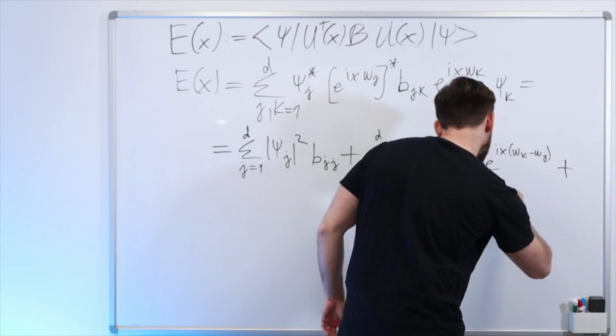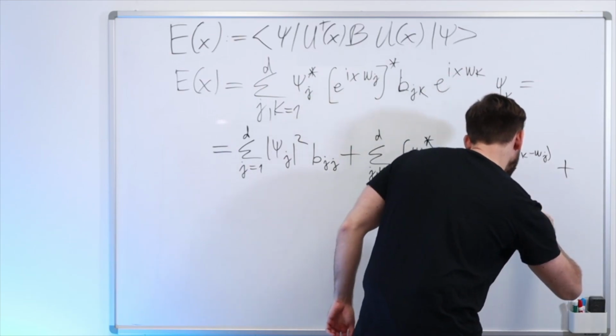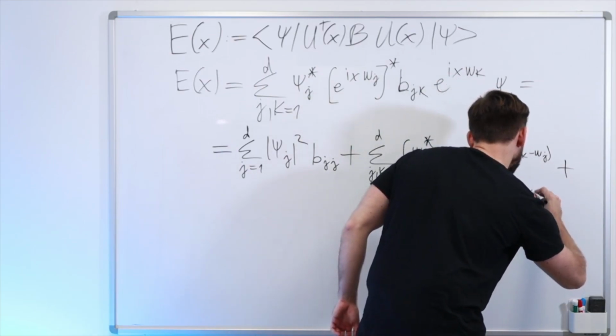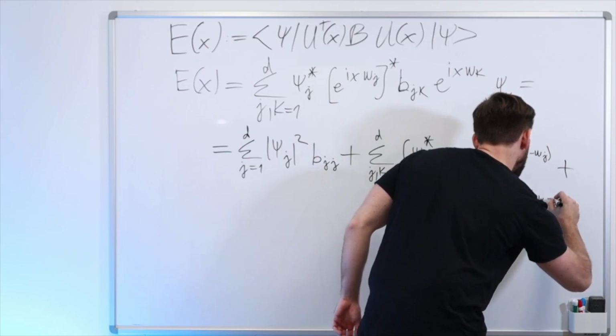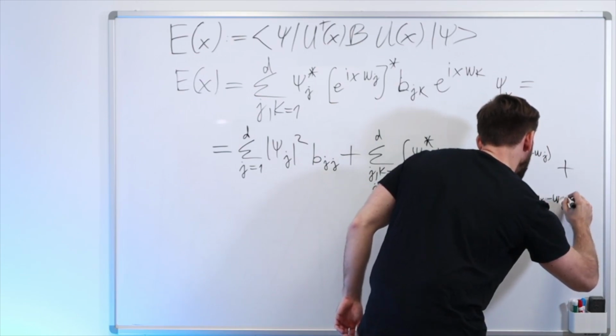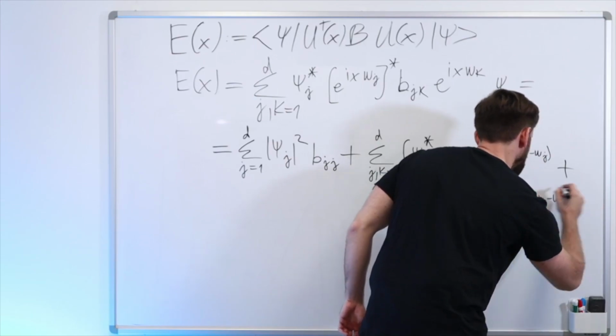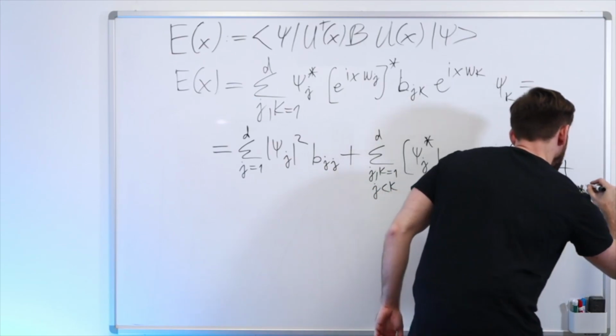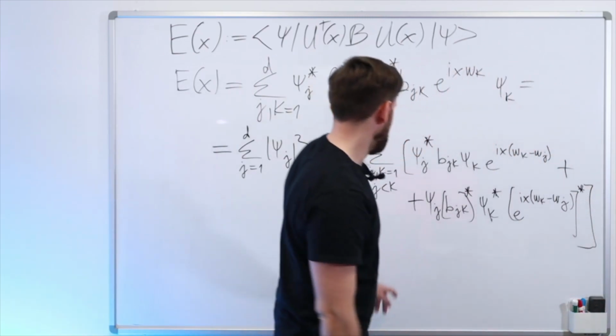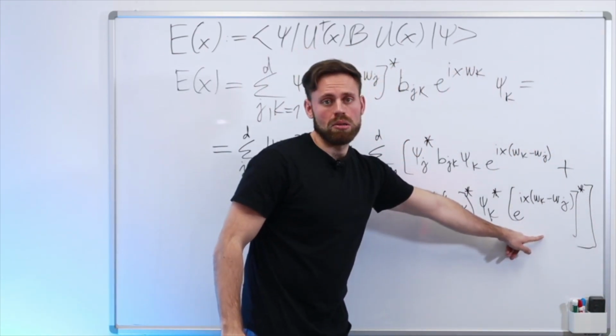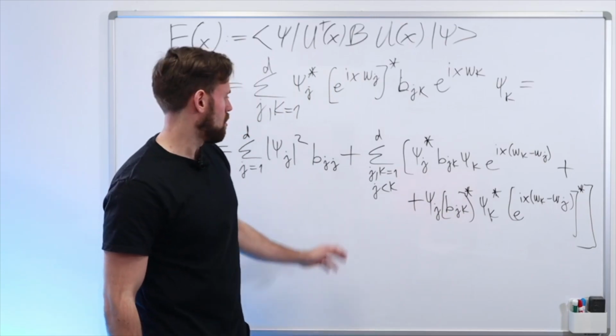Psi k conjugate e to the power of ix omega k minus omega j. This exponentiation is conjugated, and this is going to be the second summand in this summation.